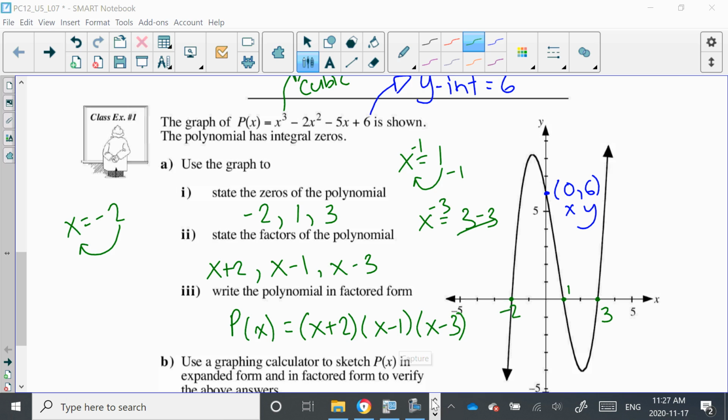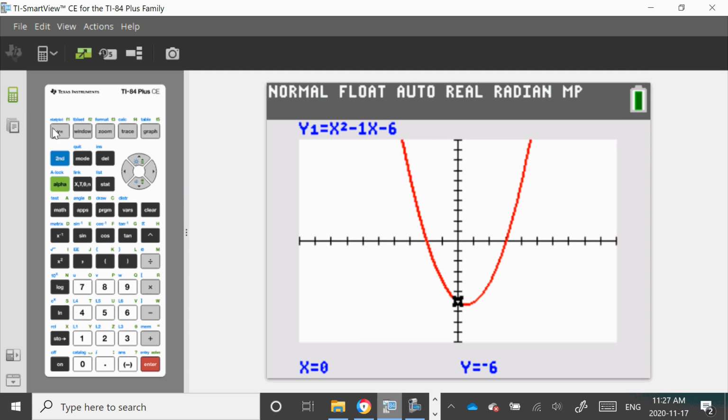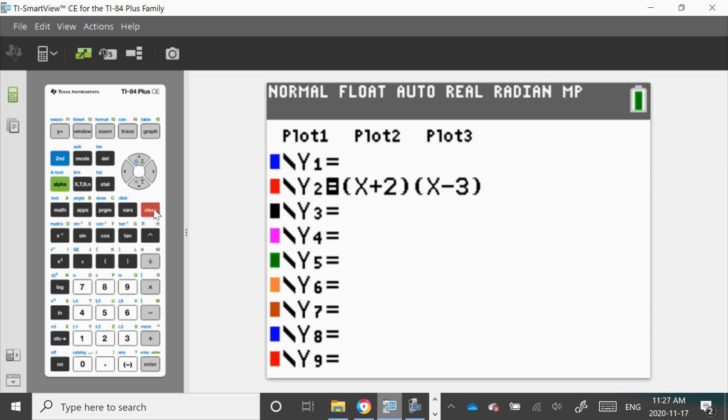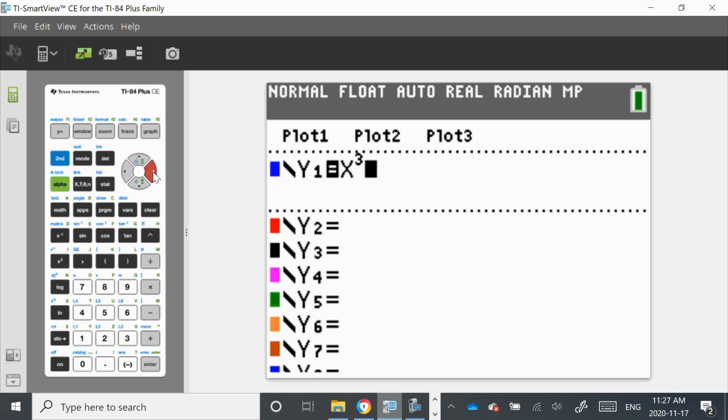So take out your graphing calculators and let's clear what we had originally in y1, y2. In y1, they want the expanded form, which is x to the power of 3, because it was a cubic function, minus 2x squared, minus 5x plus 6.